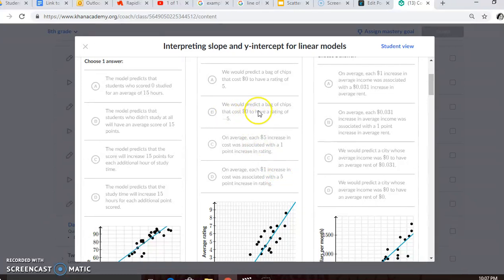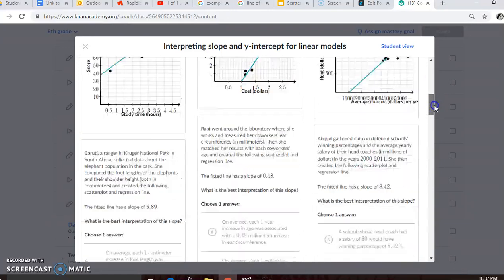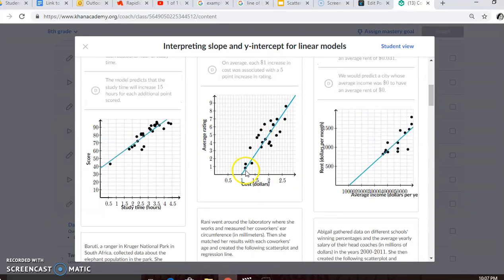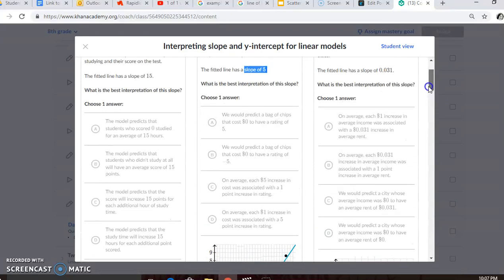And we know the other choice doesn't make sense because they didn't have any ratings of negative 5. It says the chips that cost 0, the chips that are free, have a rating of 5. And if I look here, the chips that are free would be down here somewhere, not a rating of 5. So if the slope is 5, then I need 5 over 1. And that's how you do that. But obviously you will have to look very carefully at these, read carefully to pick the right one.